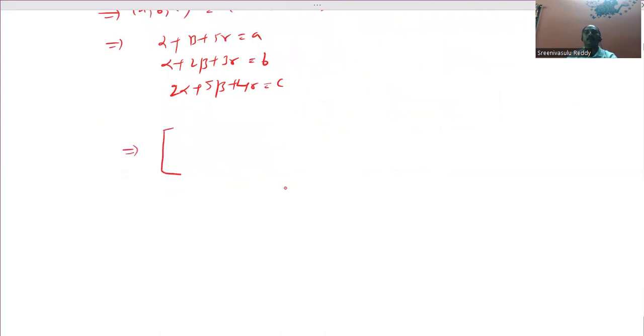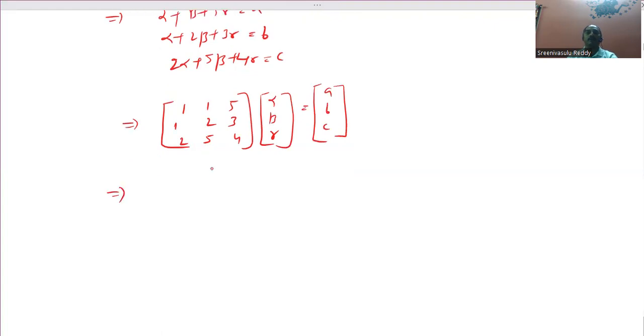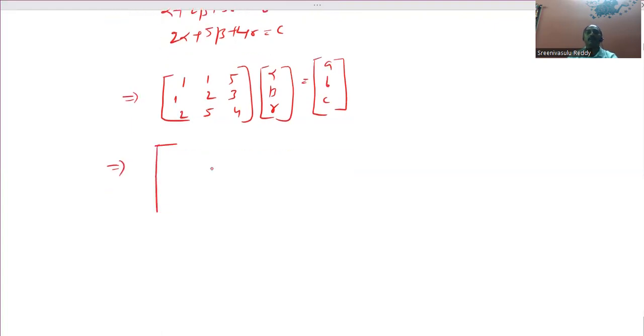If you have any confusion, write it in matrix form: rows (1, 1, 5), (1, 2, 3), (2, 5, 4) times alpha, beta, gamma. Here we take the augmented matrix: (1, 1, 5 | A), (1, 2, 3 | B), (2, 5, 4 | C).